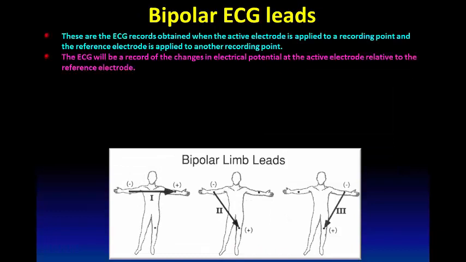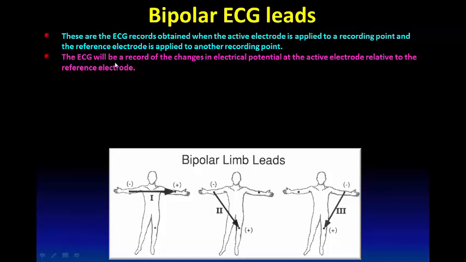The bipolar ECG leads are obtained when the active electrode is applied to a recording point and the reference electrode is also applied to another recording point. So unlike the unipolar leads, the reference electrode is also applied to another recording point in the bipolar ECG leads.